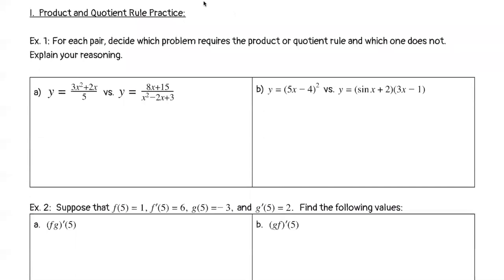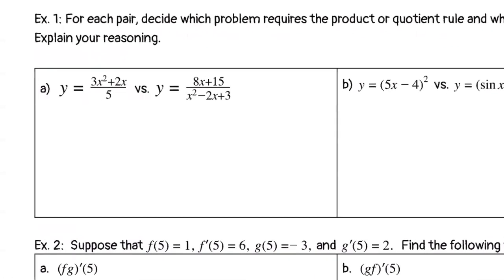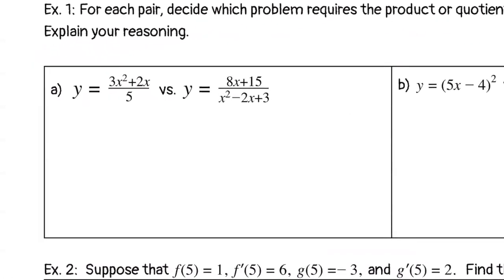And so my question to you is, in this case, which one of those requires the quotient rule and which one of them does not? So looking at example A, which one? The second one. Yeah. Good.